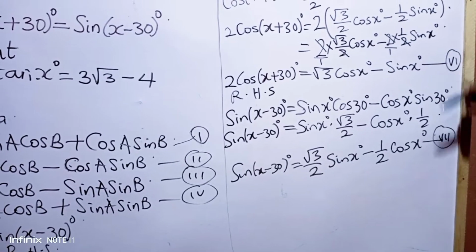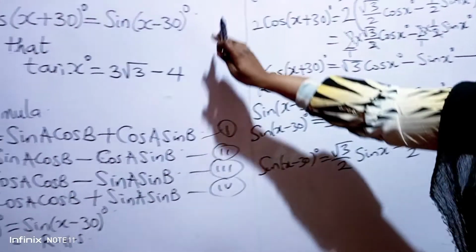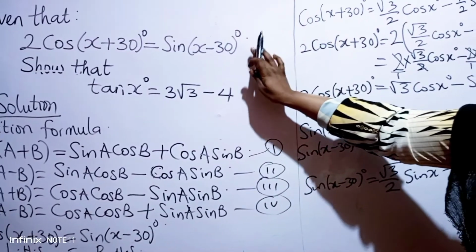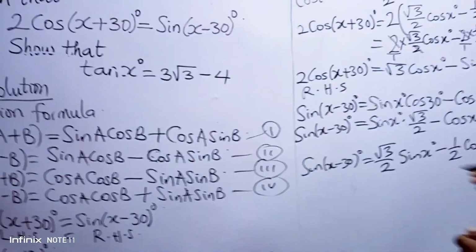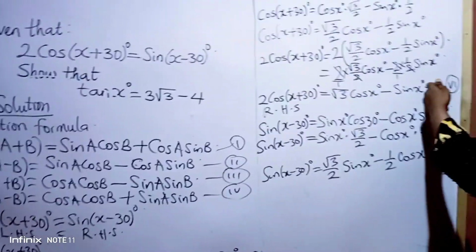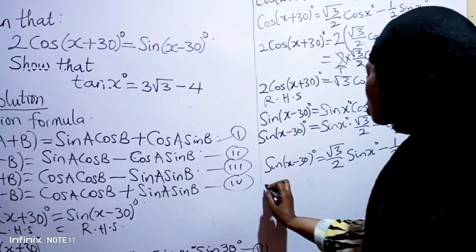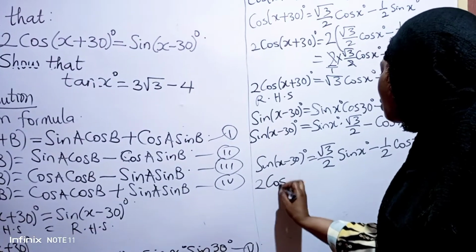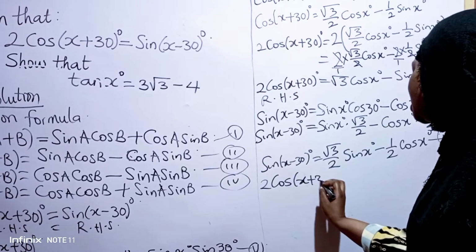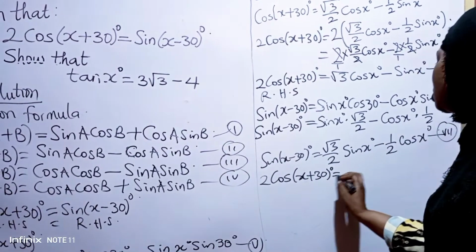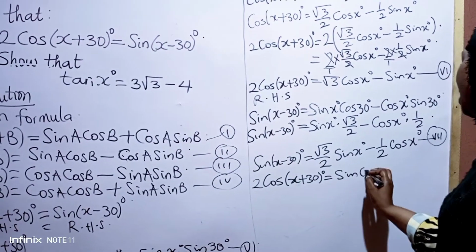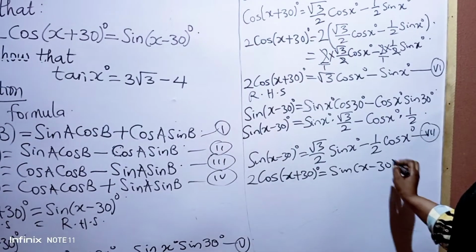So now we need to go back to our initial questions. So we now equate them together. So you equate equation 6 and equation 7 together now. So we have 2 cos of x plus 30 degrees is equal to sine of x minus 30 degrees.